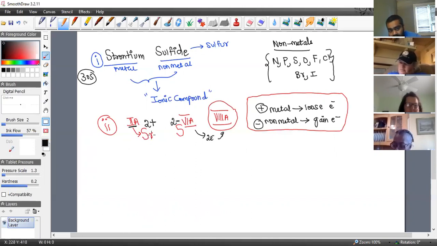That's what I meant by when these 2 combine, they don't listen to each other. They only get how many they want and how many they want to lose. But because this is a perfect picture, they both have 2's, we can simply cancel them out and write them as SrS.